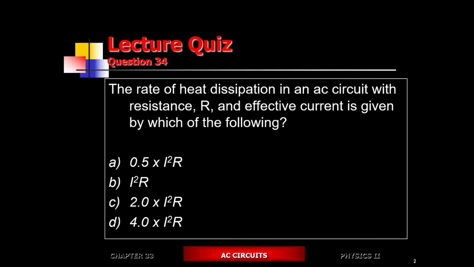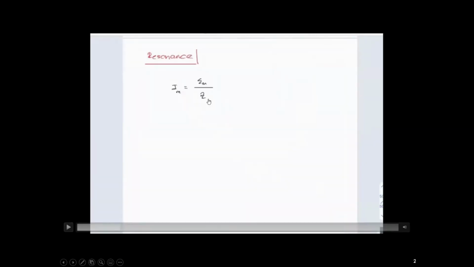All right, so the rate of heat dissipation in an AC circuit with resistance and the effective current is maximized whenever the impedance value is minimized. So how do we minimize the impedance value? Well, impedance is going to be a combination of resistance as well as the capacitive and the inductive reactance values. So what we need to do is make the denominator smaller.